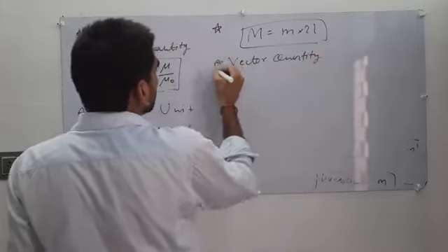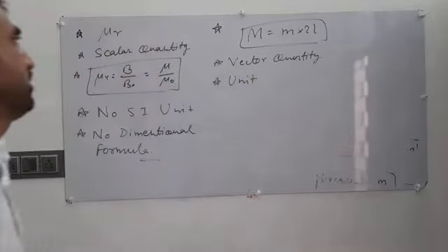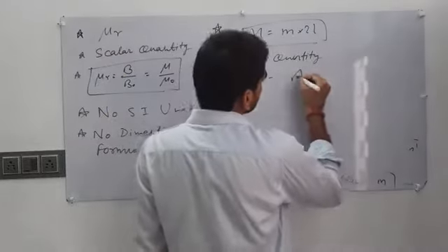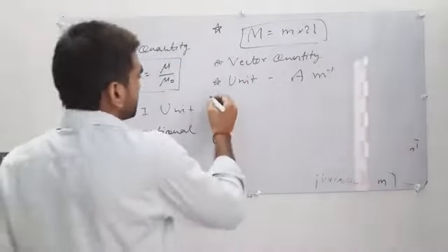The unit of magnetic dipole moment is ampere per meter. And what is the dimensional formula?